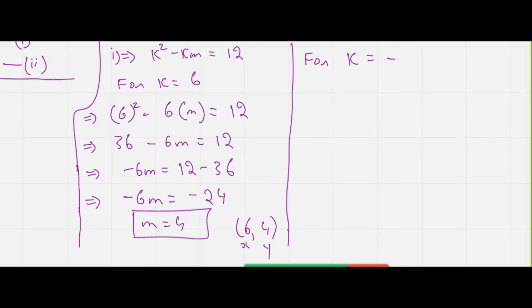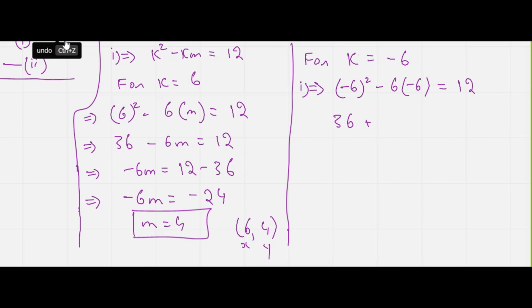And once we substitute k value minus 6 in the same equation number 1, we are going to get the corresponding m coordinate likewise. It is going to be this, equals to 12. It is 36. A little typo I did. k times m, that's it.